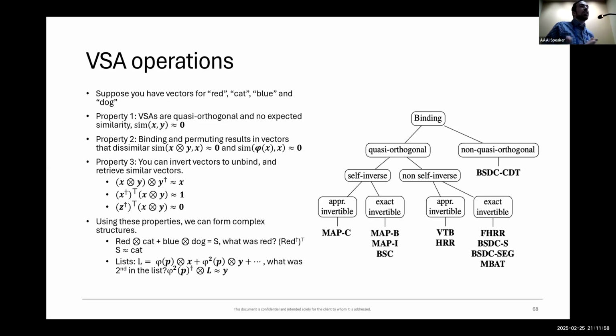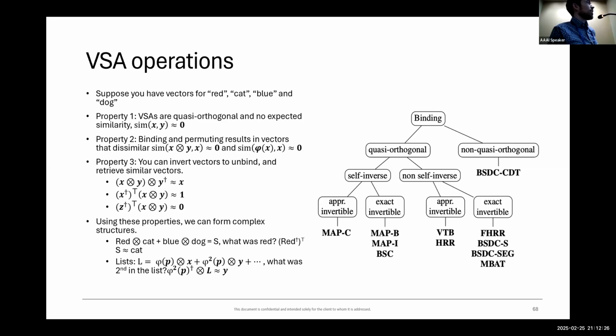You can't tell which animal was red and which one was blue. If you use binding, you can do this. I can bind red with cat plus blue bound with dog, and I have a new singular vector which distinguishes red cat and blue dog. I can figure out which one's which. And if I did blue dog, red cat, I would get a different vector.